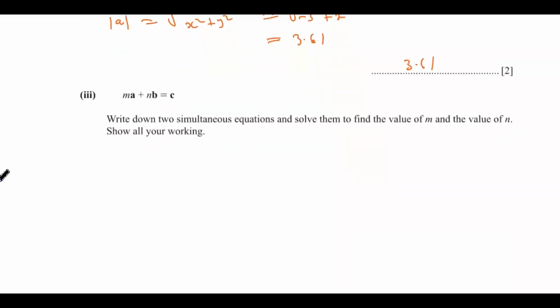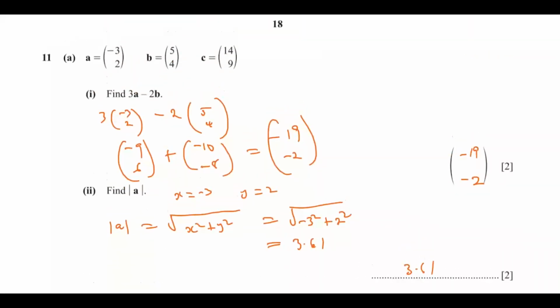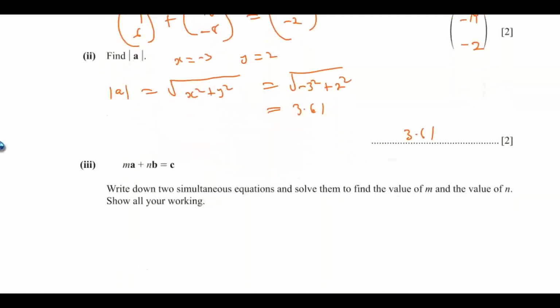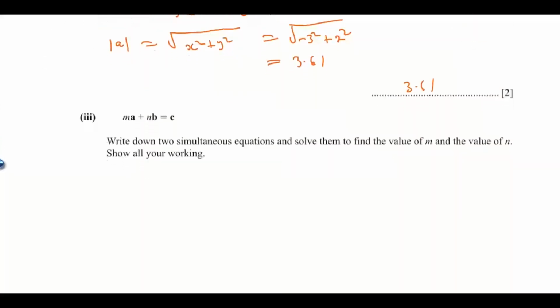11a, Roman figure 3. You have ma plus nb equal to c. Write down two simultaneous equations and solve them to find the value of m and the value of n. Show all your working. So we need to write out this equation in the form of matrices. m is a variable, so m into vector a.